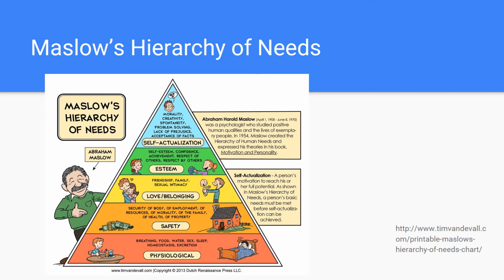The third level is loving and belonging, or also it's been called acceptance. This level really focuses on the relationships between the individual and the people around them. So for babies, it might look like secure attachment to parents. It can be friendships as the child is growing older, or family relationships.